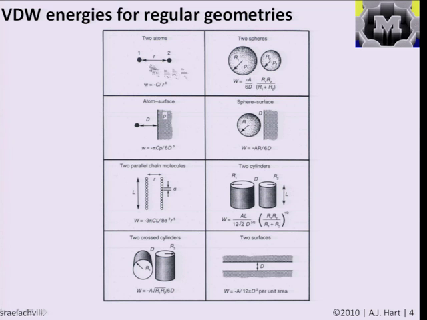We can see how these build up and indicate that the length scale of the interaction gets bigger as the dimensionality of the body changes. So 1 over r to the 6th drops off much more quickly than a 1 over a different, smaller power in the case of solid bodies.